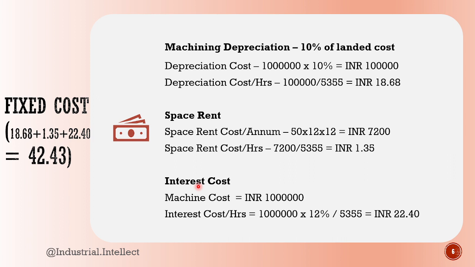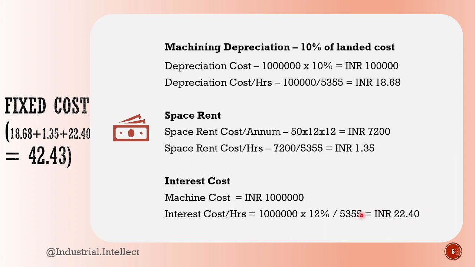Then the interest cost, because we considered 10 lakhs, the company has taken a loan. So over that, 12% is the yearly interest the company has to pay to the bank or the agency, and then divided by the total 5355 again.